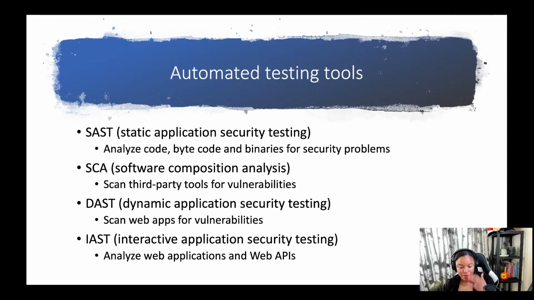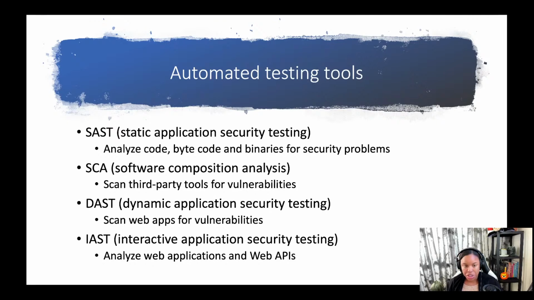You can analyze your code, or scan any third-party tools, since an application is nowadays made up of a lot of third-party tools, code and libraries. It's important to think about how to verify that those don't have any vulnerabilities. There are specific web app scanning tools and web API scanning tools that you can use.